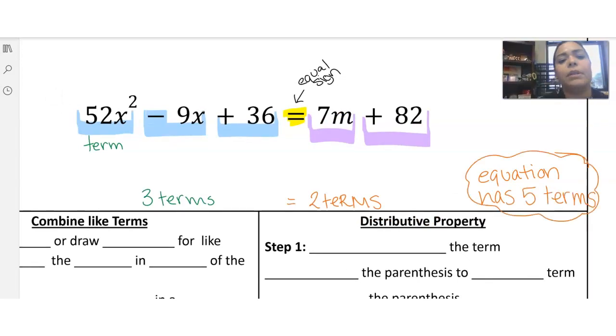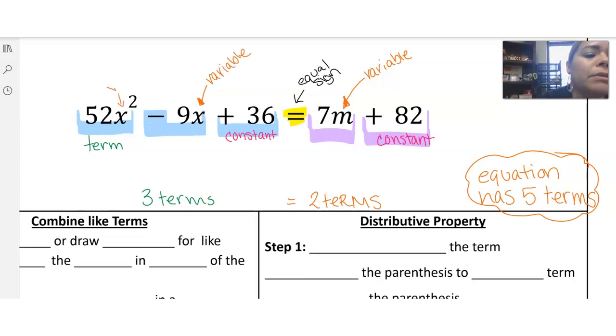The next thing we're going to look at is the number without the variable. This is considered a constant. On the left side, we only have one constant, which is positive 36. On the right side, we have a constant of 82. The reason it's a constant is because it does not have a variable or a letter. Now, what is a variable? This m right here, any letter in an equation or expression is considered a variable. Here, this is also a variable, and this is also a variable.